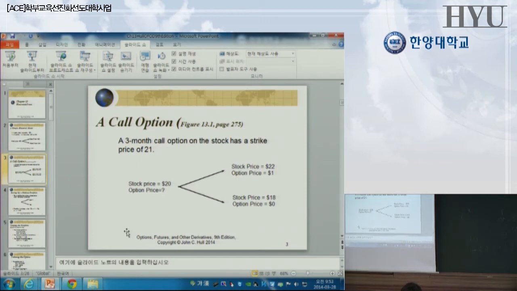But in this case, we use a risk-free asset, a bank account, as our second element. So in order to replicate a contract that pays $1 in the good scenario, we will use stock and a risk-free asset, and then we replicate it.